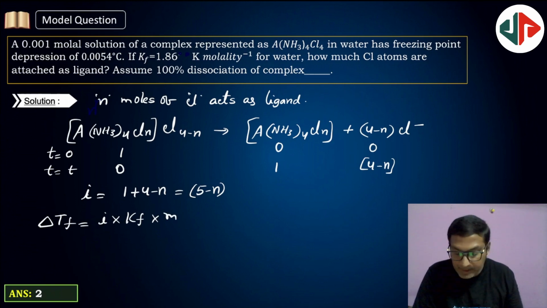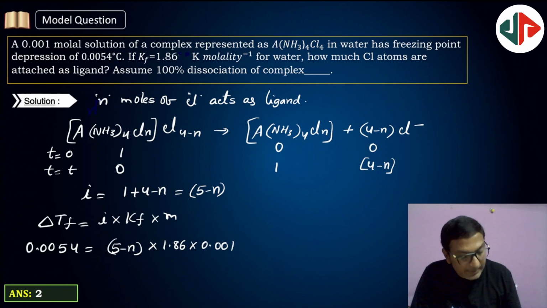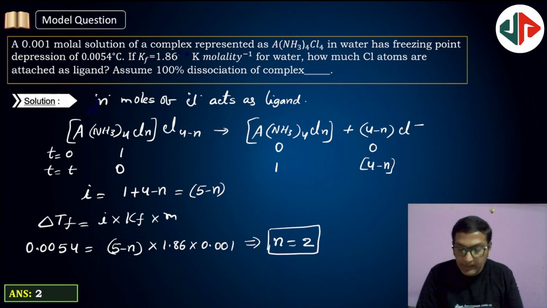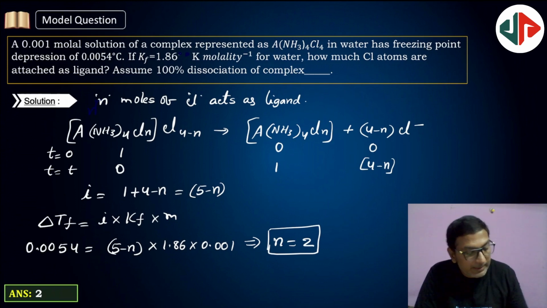Next. So the depression in freezing point is given, 0.0054. Here the i value is 5 minus n, Kf is 1.86, molality 0.001. So from this we will get n value as 2. So 2 chlorines are attached as ligands.